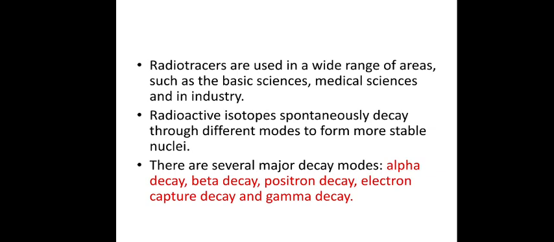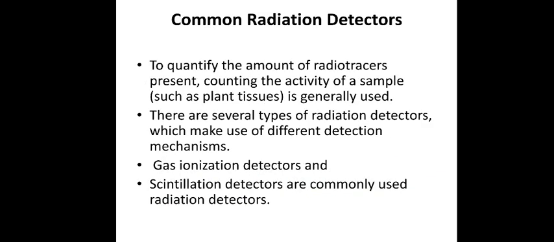Radioactive isotopes usually decay, as I said, by emitting different particles. There are alpha decay, beta decay, positron decay, electron capture decay, and gamma decay. Based on the type of radioactive element you are using, your element might fall in any of these decay modes.